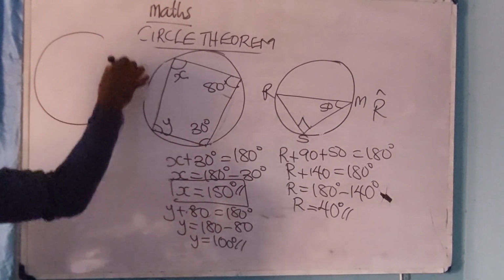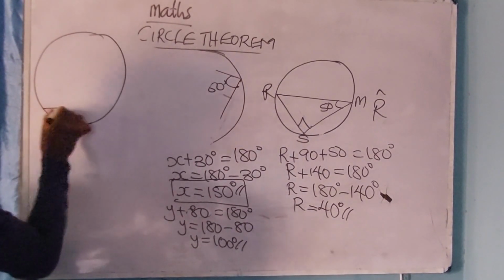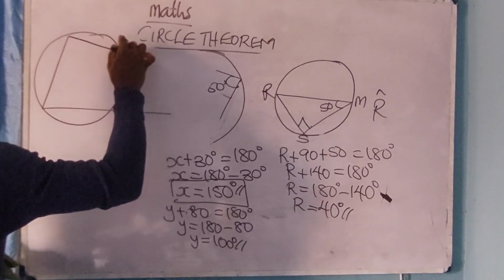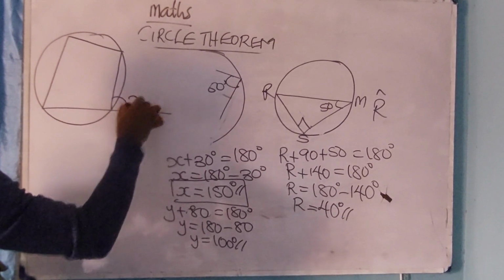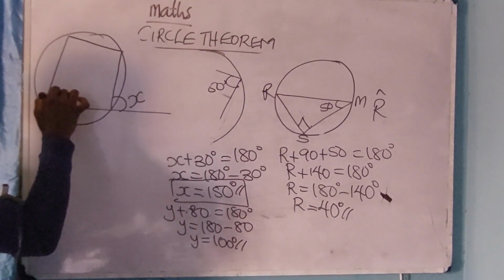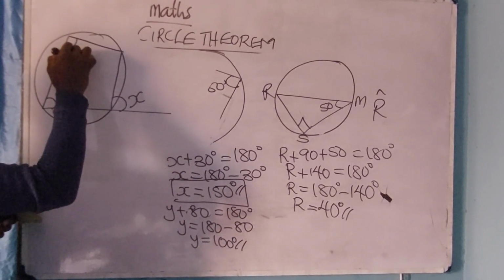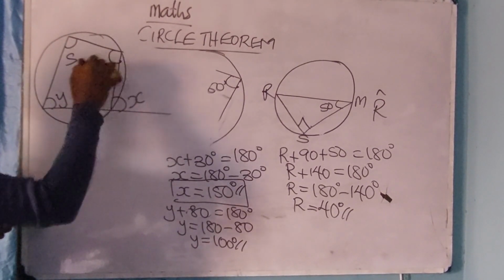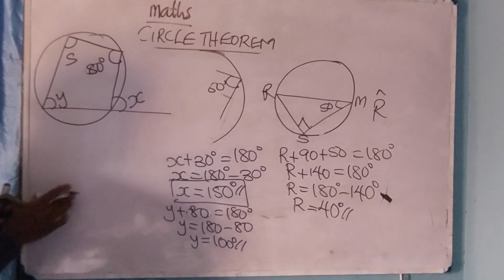If I have something like this, I have this. Now this is x, I have x. Here I have maybe y, and here I have maybe s, and this place I have 200, okay, maybe 80.